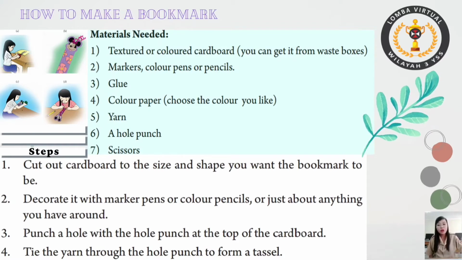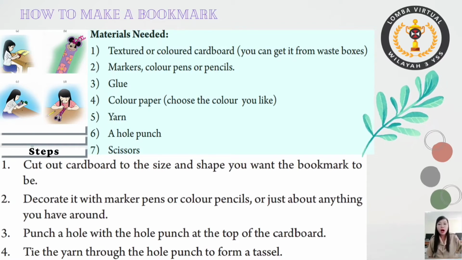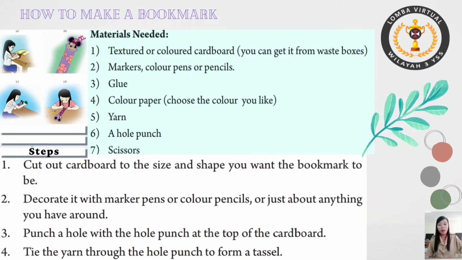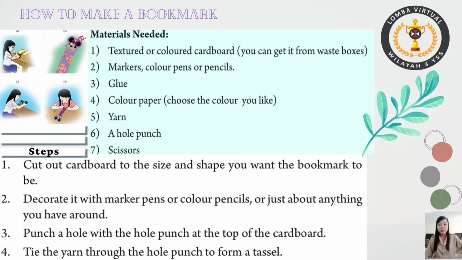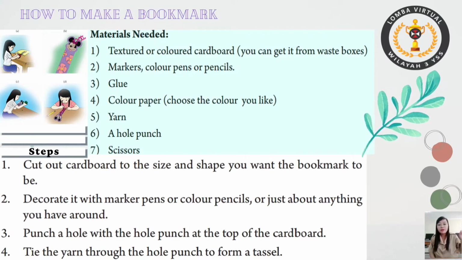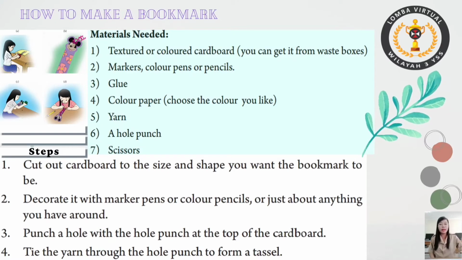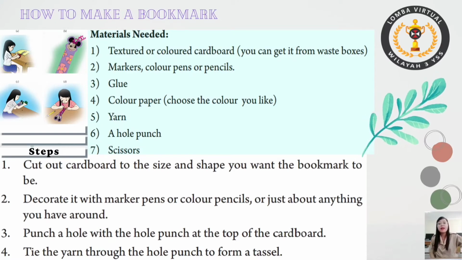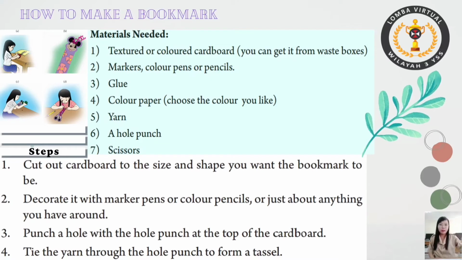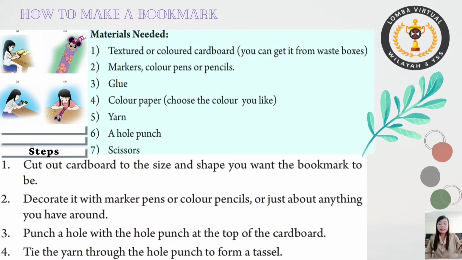So in this example, I choose how to make a bookmark. The second, I must write the materials or the tools that I need to make a bookmark. And the third, I write the steps of how I make a bookmark.